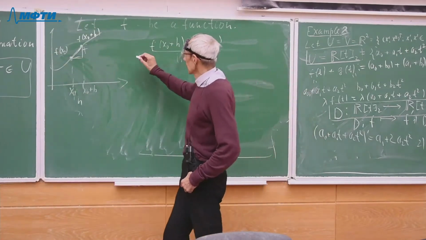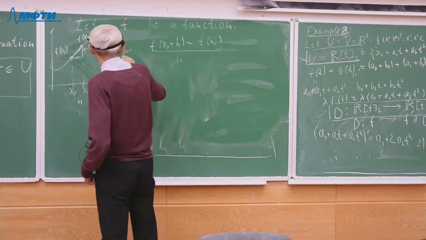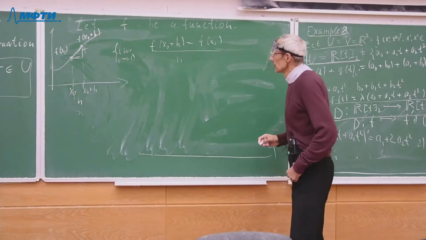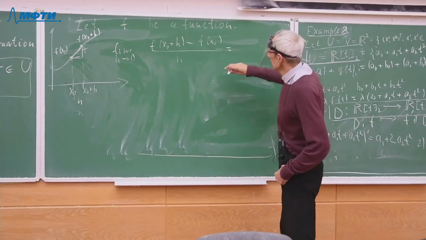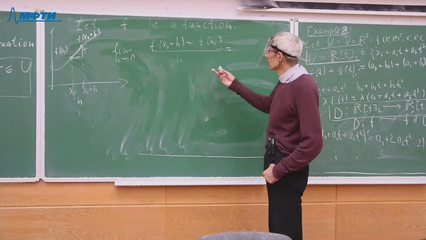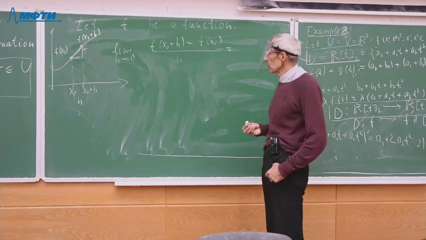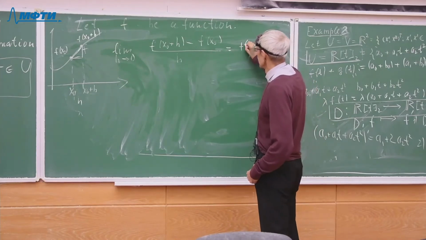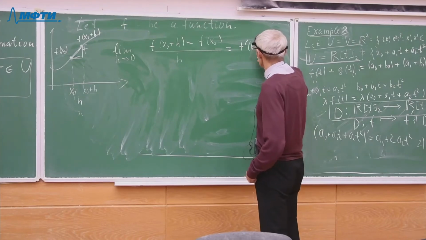If we consider the limit of this expression as h tends to 0, we obtain the so-called number, which is called the value of the derivative at the point x0.